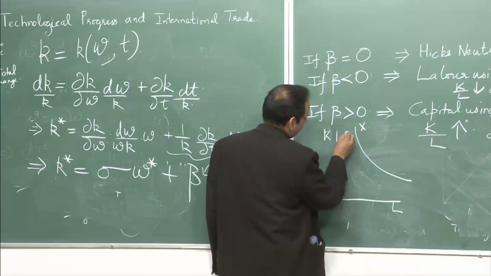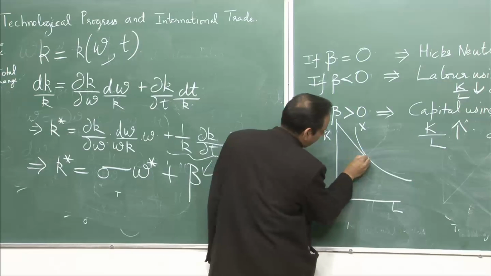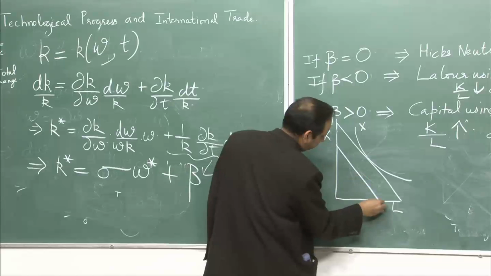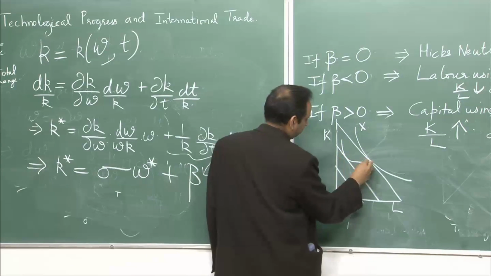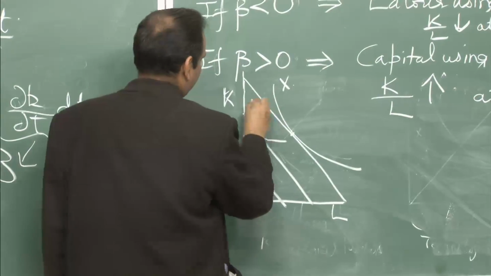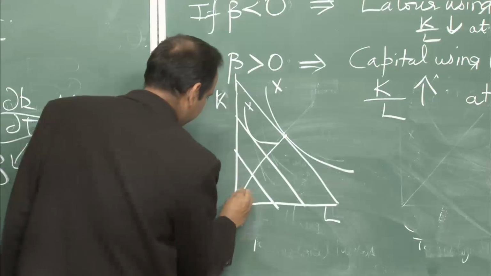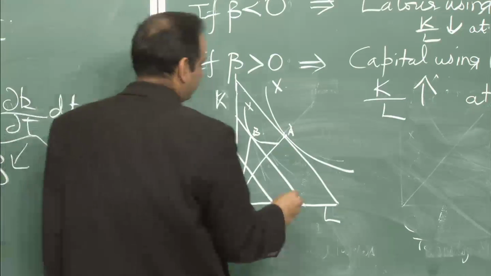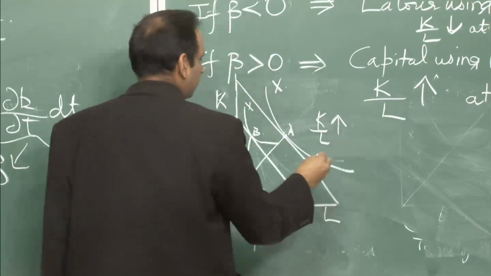So, then the W by R ratio is the same. The only difference is that the capital labor ratio goes up.